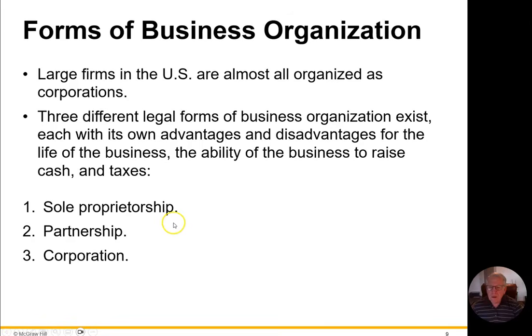There are three different types of business organizations that exist, and each has its own advantages and disadvantages for the life of the business. So the ability to raise money and pay taxes are the key differences. If I look at sole proprietorships, that's where one person is managing the business and owns the business, and away they go. But if there's two or more partners, then it's a partnership.